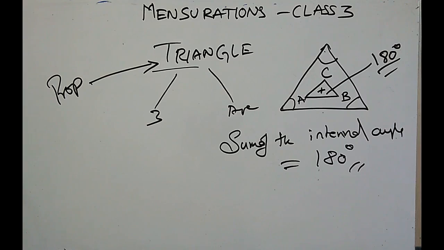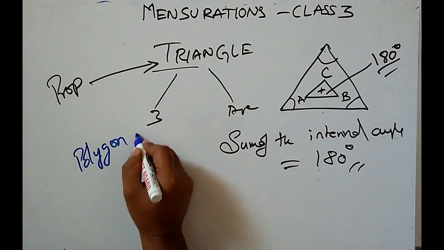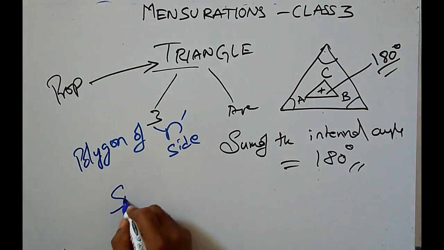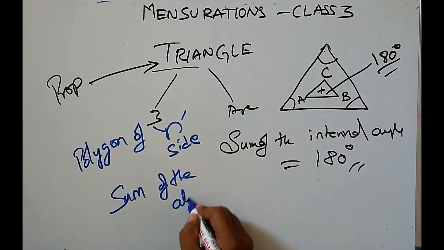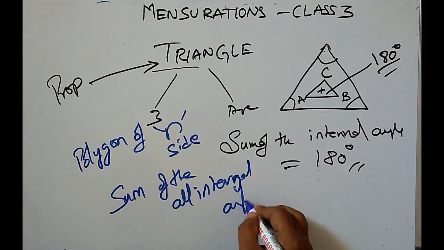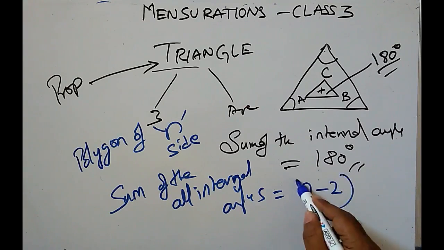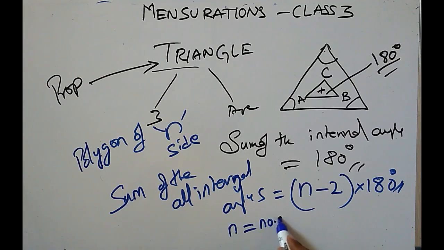And for a polygon of n sides, the sum of all internal angles is given by (n minus 2) into 180 degrees, where n is the number of sides.